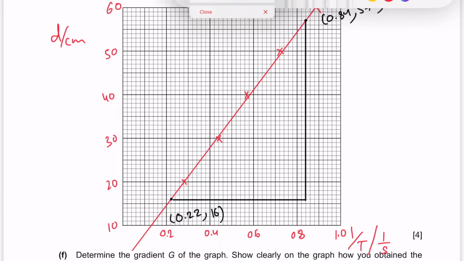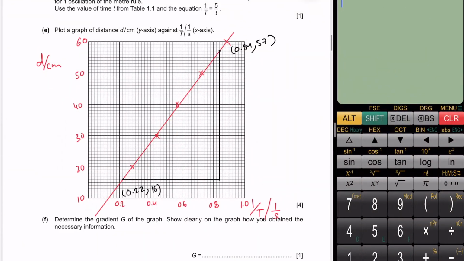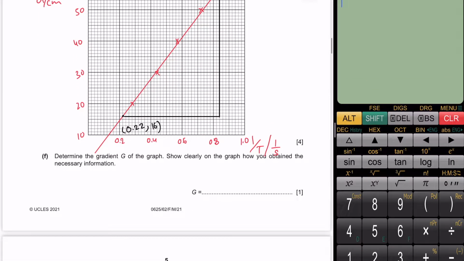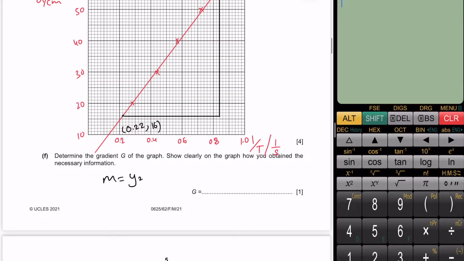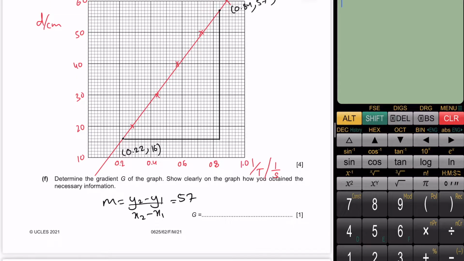So if I were to find the gradient, we just use m is equal to y2 minus y1 divided by x2 minus x1. 57 minus 16 divided by 0.84 minus 0.22.